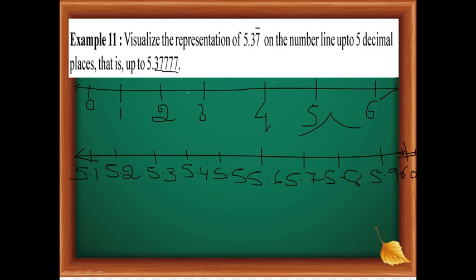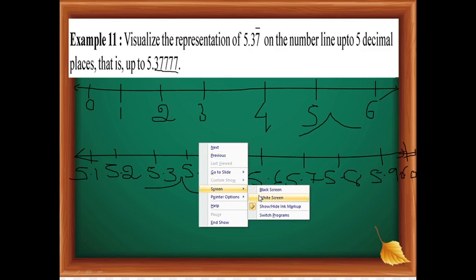So again 5.3777 will come between 5.3 and 5.4. Let me take another screen to explain you.